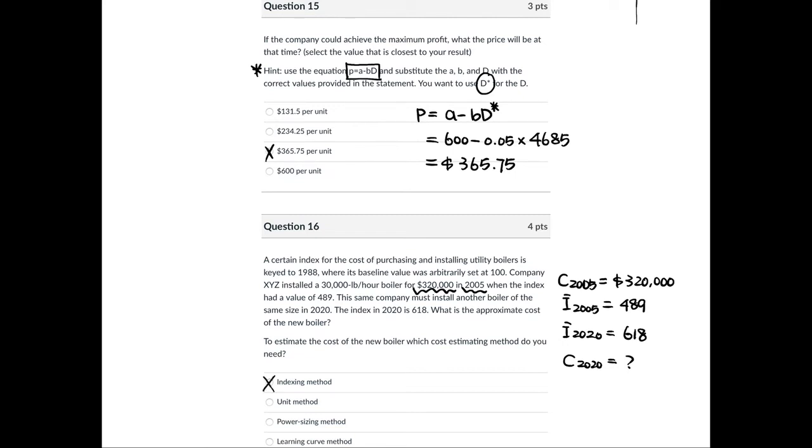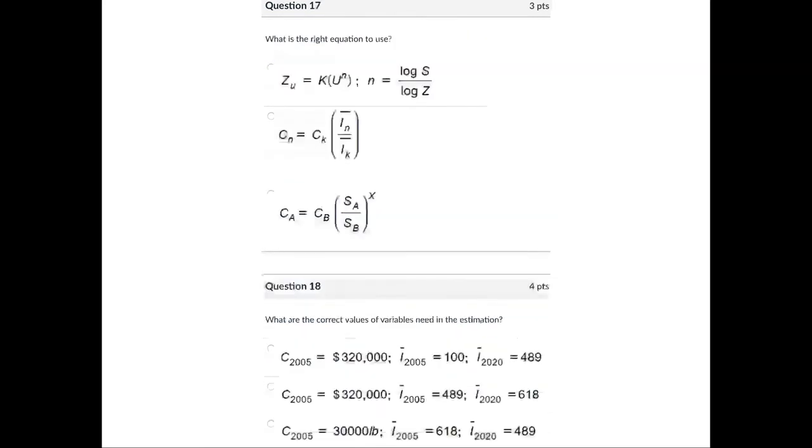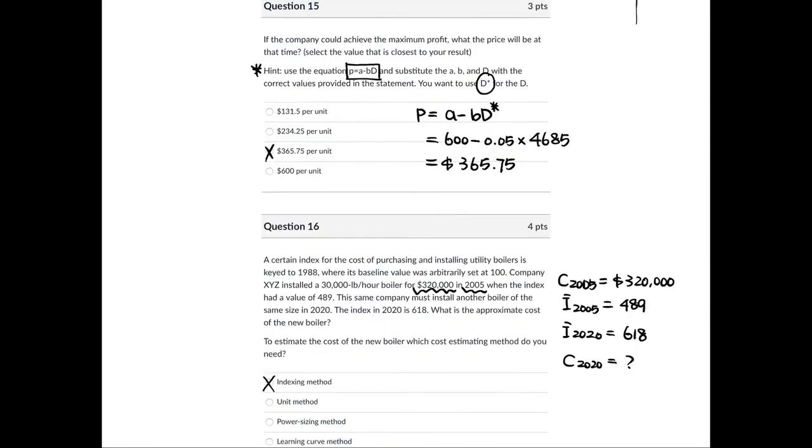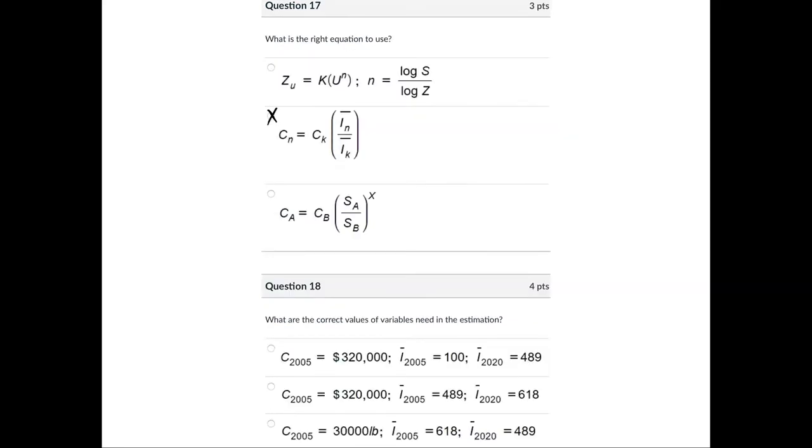So this is about the price index. So you want to choose the indexing method. And the equation for the indexing method, this one, easy. So what are the correct values of variables needed in the estimation? So we already listed here, okay?